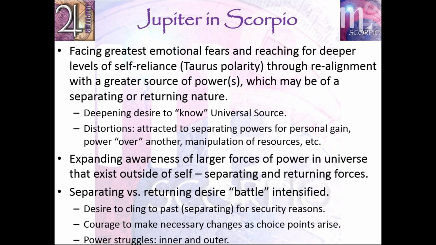And this greater source of power may be of a separating or returning nature. As I said, for some of us, we may have a deepening of that desire to know Source. However, just like we have dual desires, separating desires, returning desires, there are larger forces in the universe that exist outside of ourselves that we will call the separating and returning forces. Here's how EA explains it.